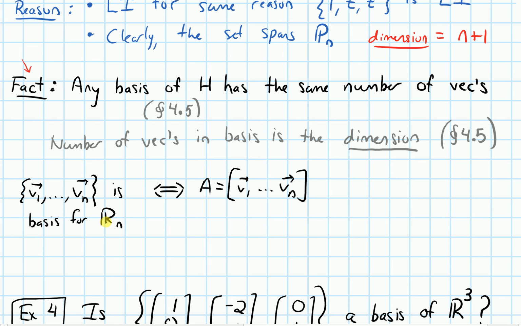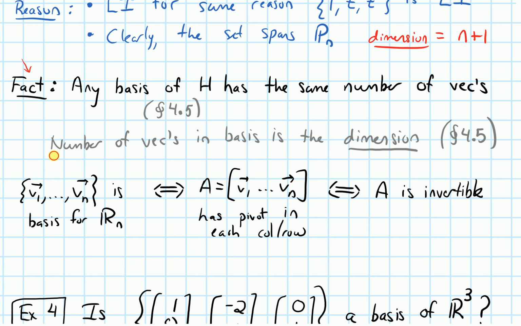And to do those two things, I need pivots in each column and row. So my matrix needs to have a pivot in each column and row. And we know that's equivalent to saying that my matrix A is invertible.